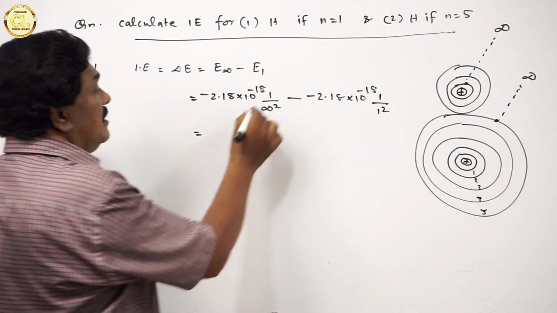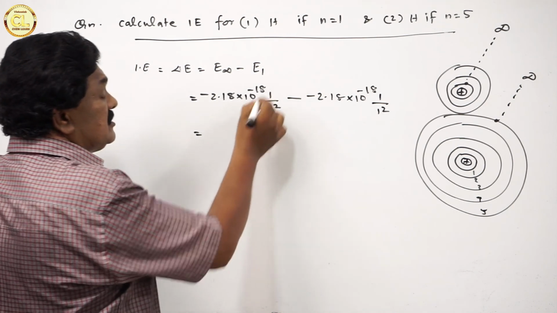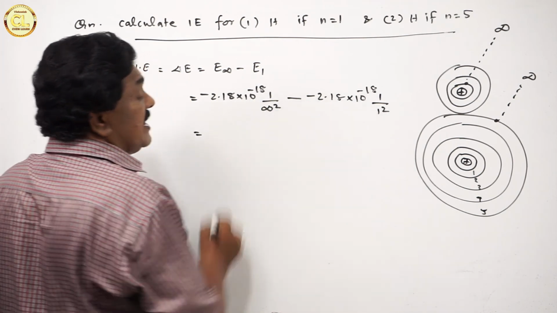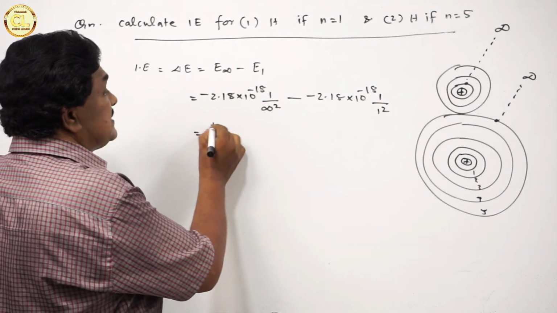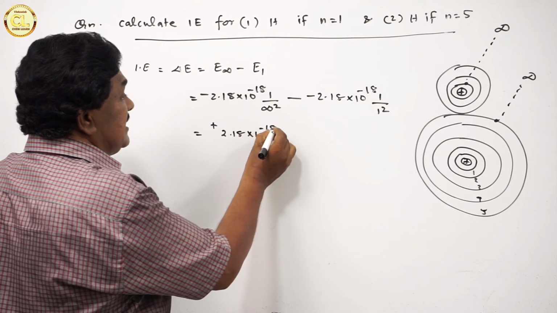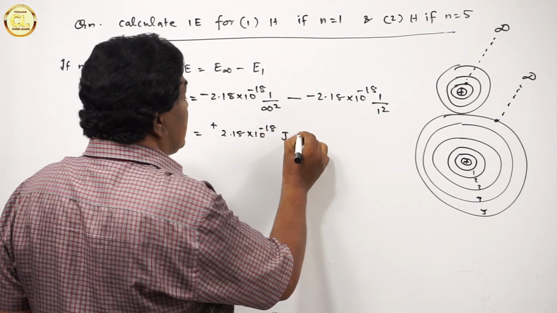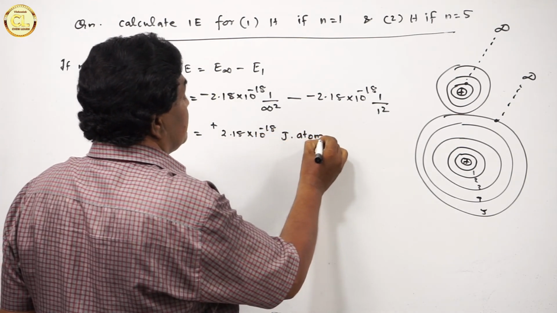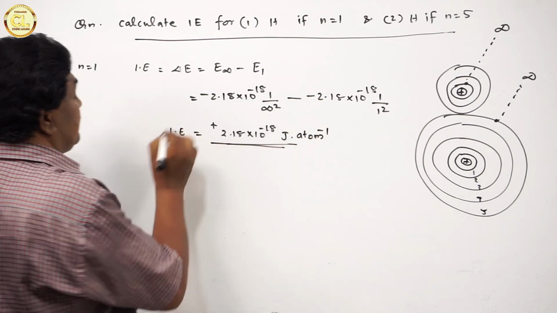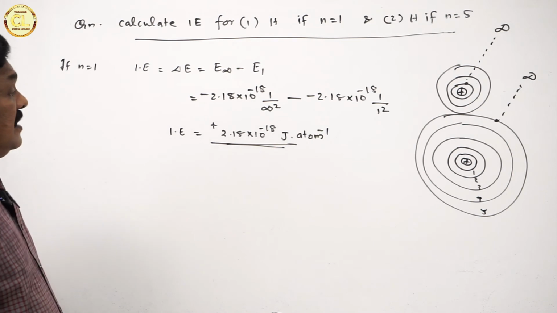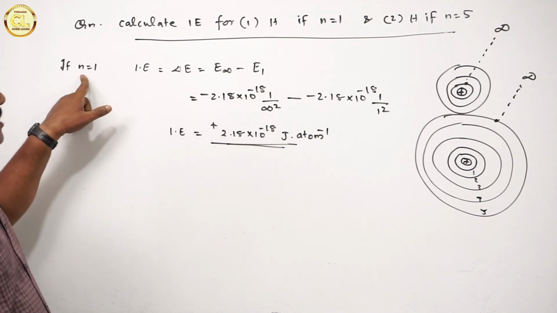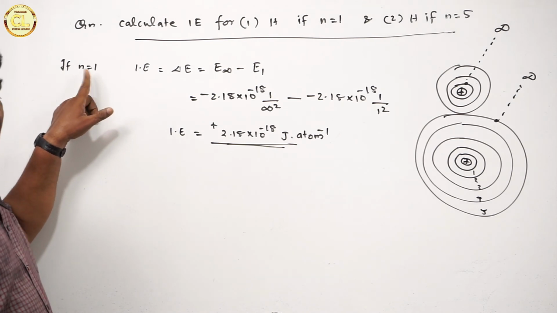This term is 0, because any number divided by infinity is equal to 0. Minus of minus becomes plus, so plus 2.18 into 10 raised to minus 18 joule per atom. This will be the ionization energy for a hydrogen atom if the electron is initially present in the first level.